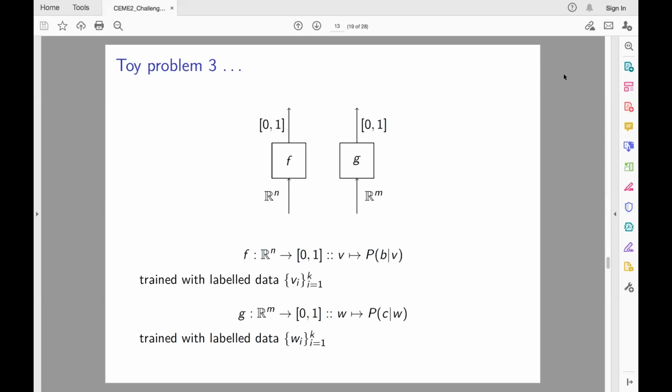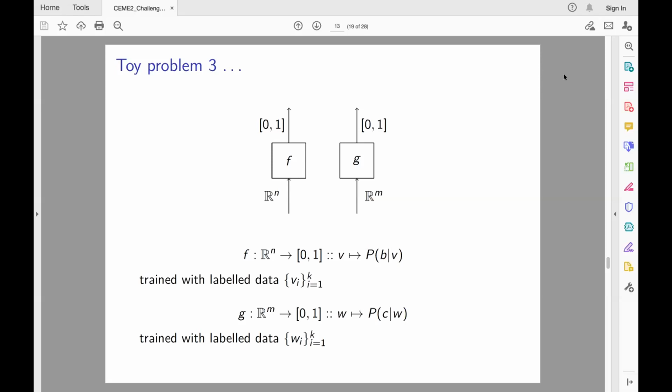So what can we do with those two different vectors? We can process them separately, and here these boxes F and G correspond to two different classifiers. On the left, box F takes in a vector of data and gives you back a probability, let's say, of seeing a black coat given that vector.